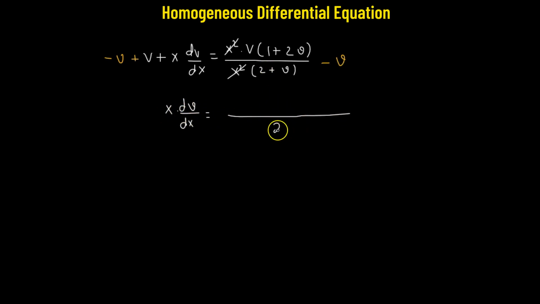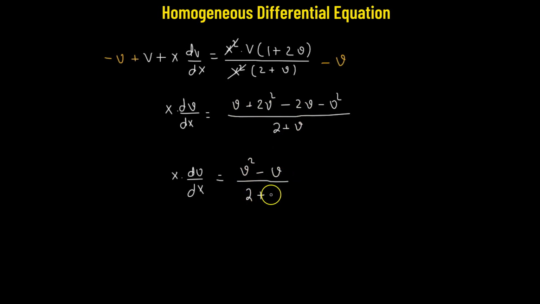So we have 2 plus v in the denominator, and in the numerator we have v times 1 plus 2v, that will be 2v squared, minus, so we'll multiply v with 2 plus v, that will be 2v minus v squared. That means we have x times dv over dx equals, so 2v squared minus v squared will give us v squared, minus v minus 2v will be negative v, divided by 2 plus v.